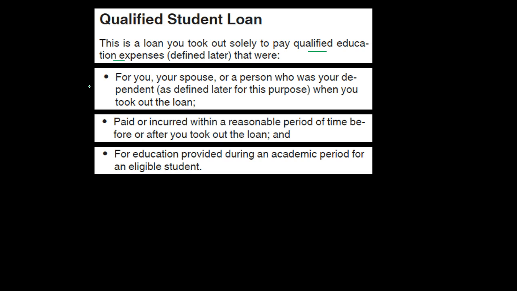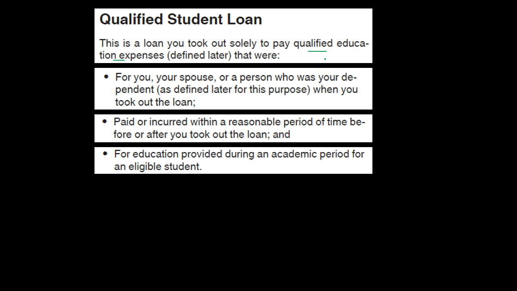So that's going to be someone that is on the actual tax return, of course. If we're thinking about taking the deduction, then usually we would need that person indicated on the tax return, that being either us, our spouse, or the dependents on the tax return, paid or incurred within a reasonable period of time before or after you took out the loan, meaning the loan that was taken out was paid or incurred within a reasonable amount of time for the qualified education expenses, because that's why there's going to be a benefit for this.